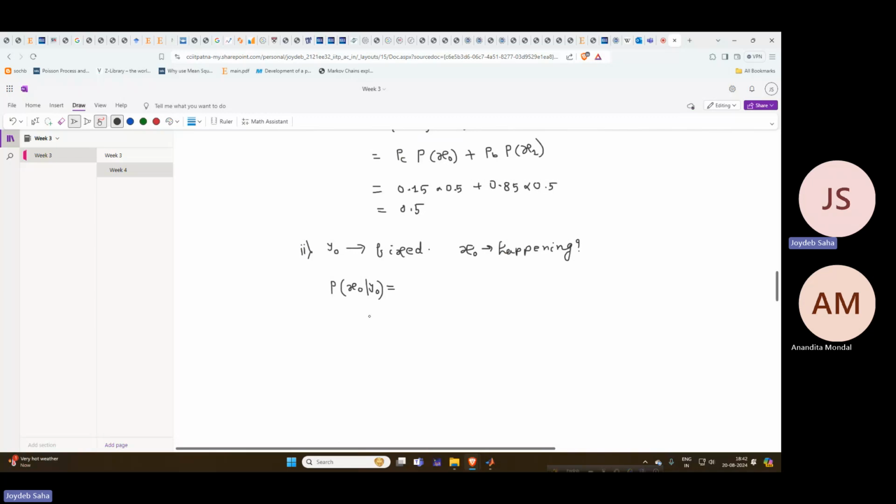Now we need to take the help of Bayes theorem. What Bayes theorem says? Using Bayes theorem, we can say that this is probability of y0 upon x0 into probability of x0 and divided by the whole probability or total probability of y0.